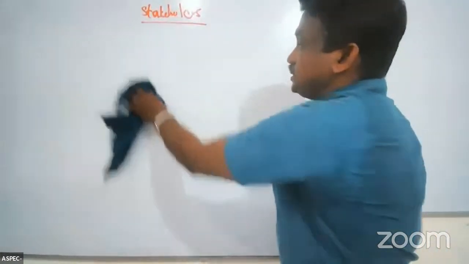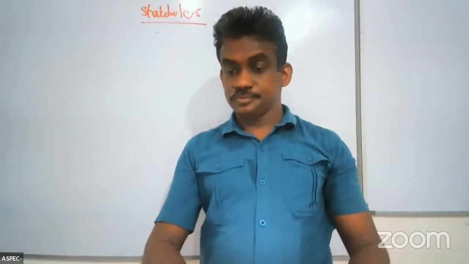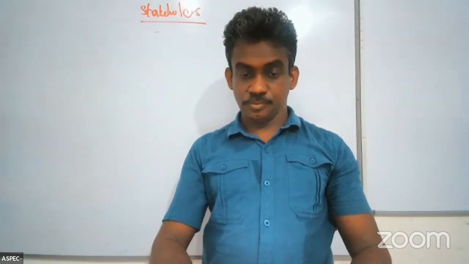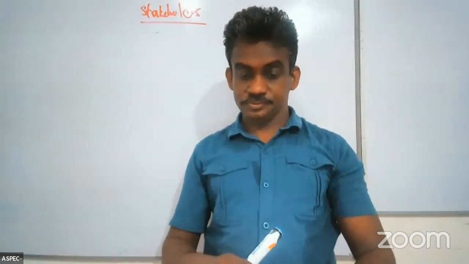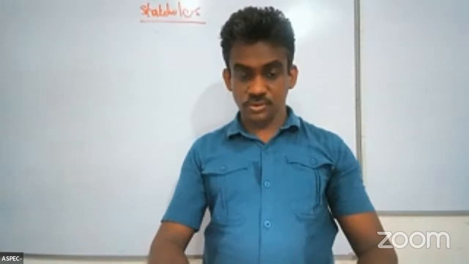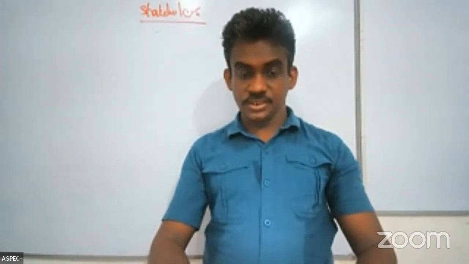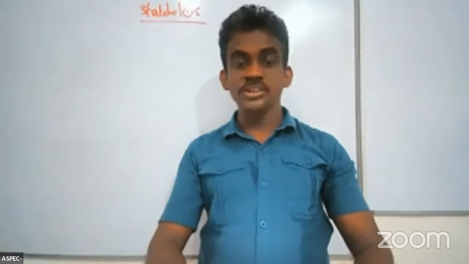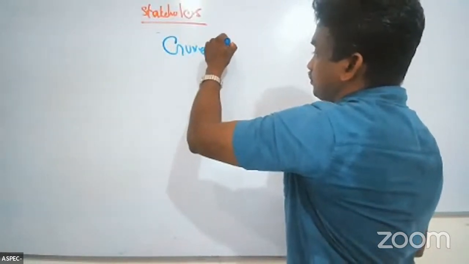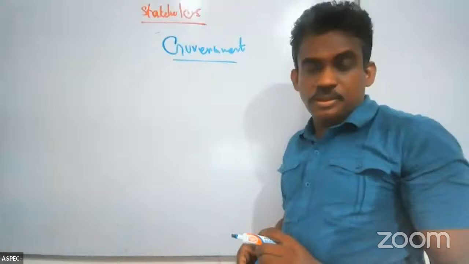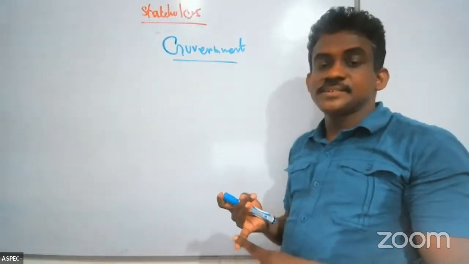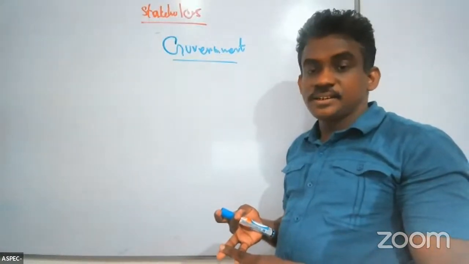What are the other stakeholders? If we look closely, we can identify the other stakeholders also. Employees we discussed, and also government. Government is also a stakeholder. They consider the business activities and business behavior, right?